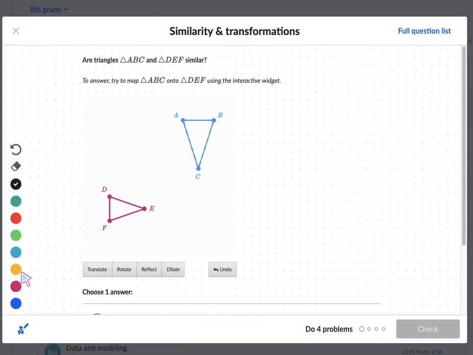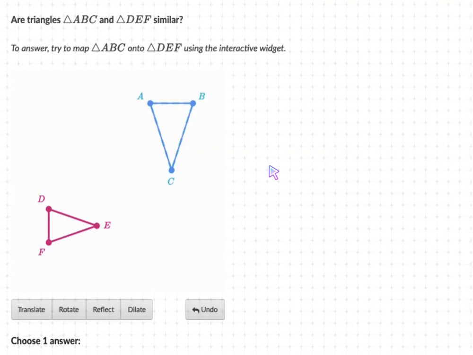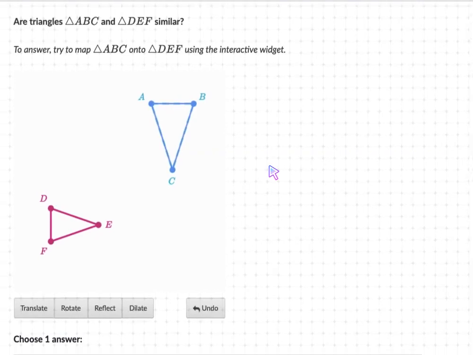So for the similarity and transformations exercise, you're now given the 4 different transformations: translate, rotate, reflect, and dilate to work with when you're trying to map one shape onto the other.